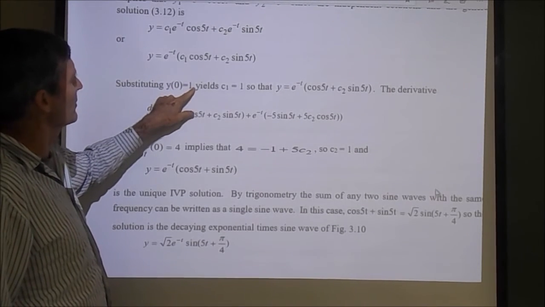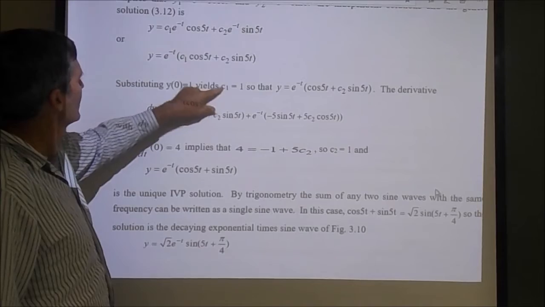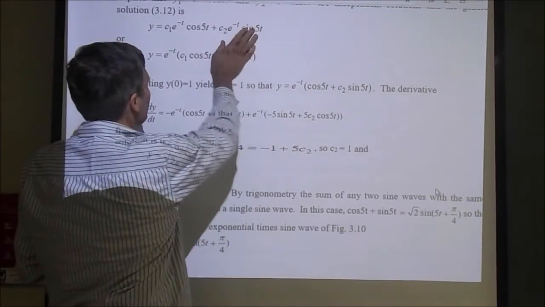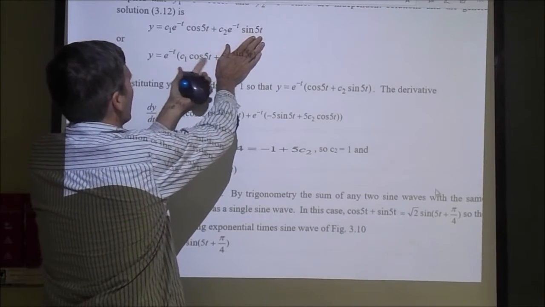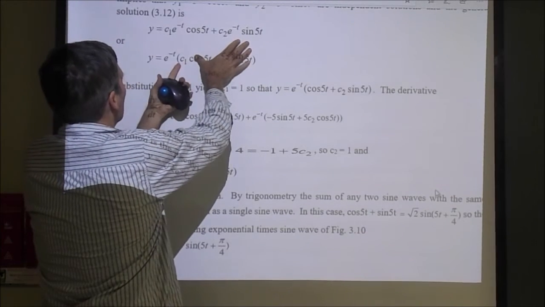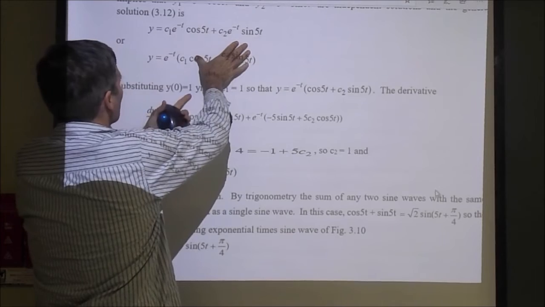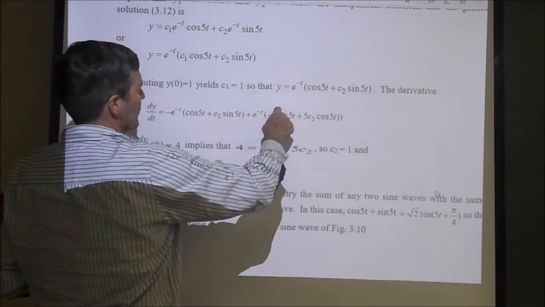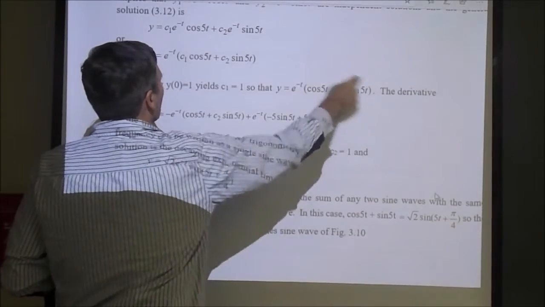Putting in y of 0 equals 1 gives this. You're putting in 0 for t, sine of 0 is 0. Put in 0 here, cosine of 0 is 1. So you get 1 times C1 times e to the 0 equals the right hand side 1. So that tells you that C1 equals 1. Then you take the derivative, find out it's this.